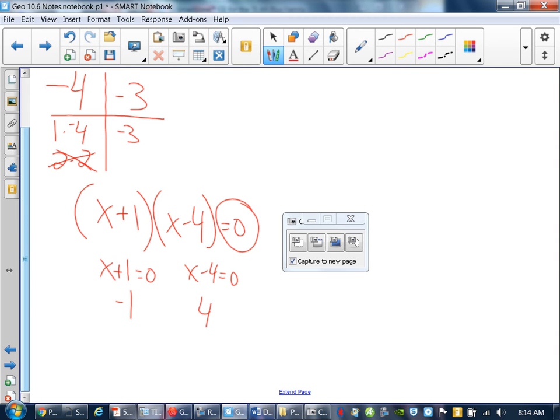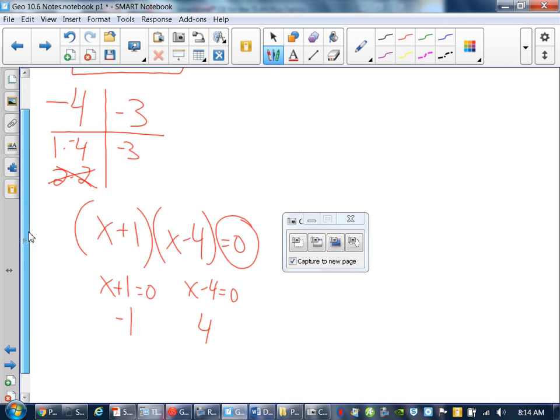But if you come back to this method, the one that is always easier to set up, just fall back on that. It's a nice, clean method where you ask yourself what times what multiplies to the ends, and adds to the middle. If you do that every time, it's going to be a little easier on your brain, all right?